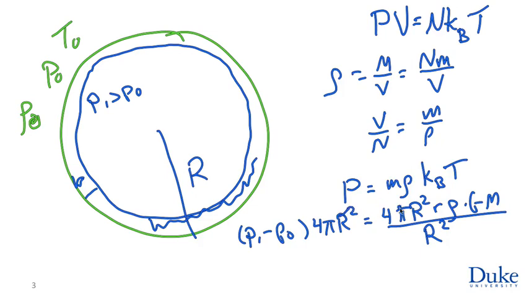From here, canceling these factors, I can find that the pressure change is little r times rho times GM over r squared. Okay, now that tells me that if I know the pressure here, I can tell the pressure there. I want to figure out the density and the temperature in here.